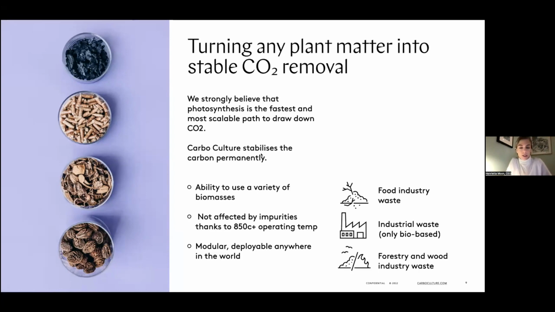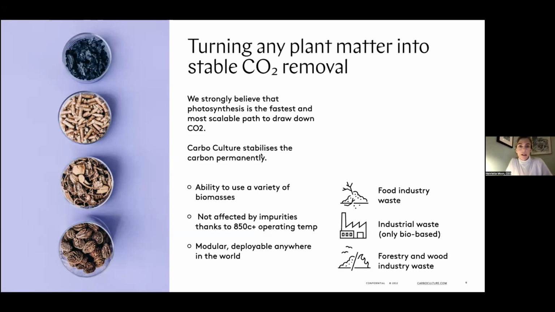We don't use, for example, virgin wood at all. Or industrial waste from other types of solutions, but again, just clean waste. So our solution is not for burning plastics or anything else like that. And here, we're not really affected by impurities.